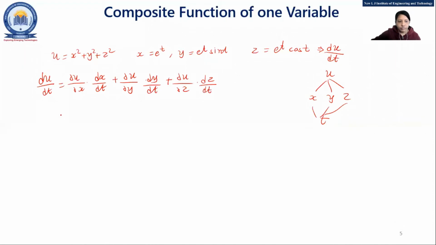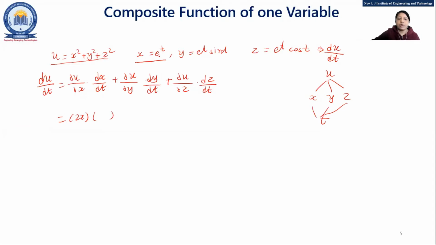Now you have to consider this x, and this is u. So del u by del x, partial derivative with respect to x. So x is considered, so the answer will be what? 2x for the first term. Now these two are constant, so 0. Now dx by dt.